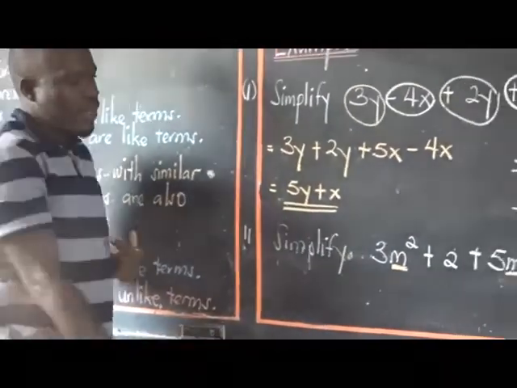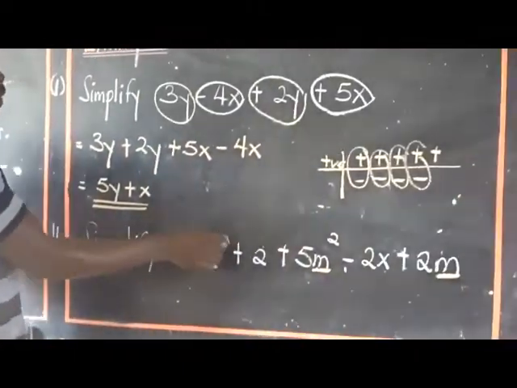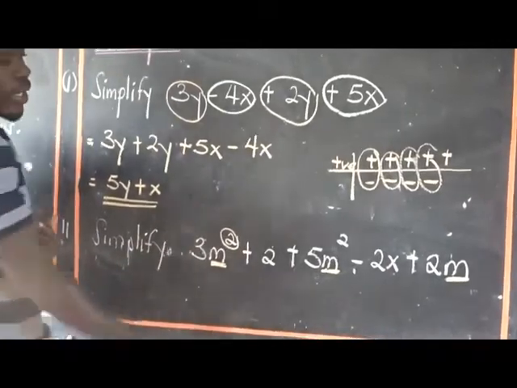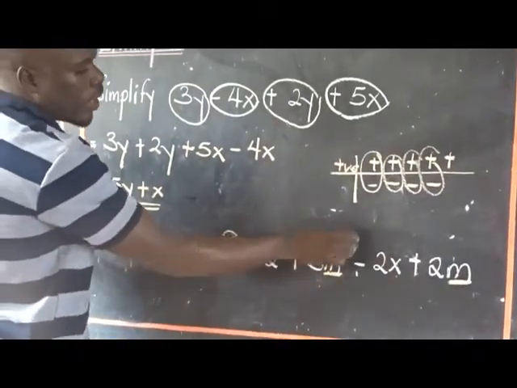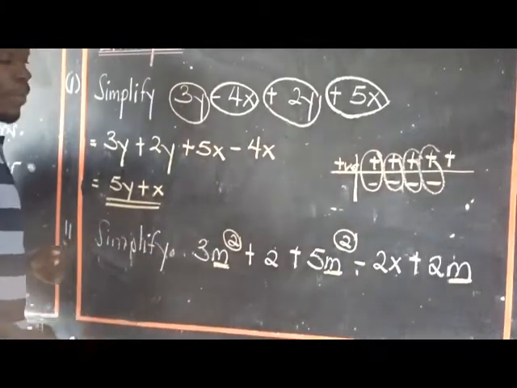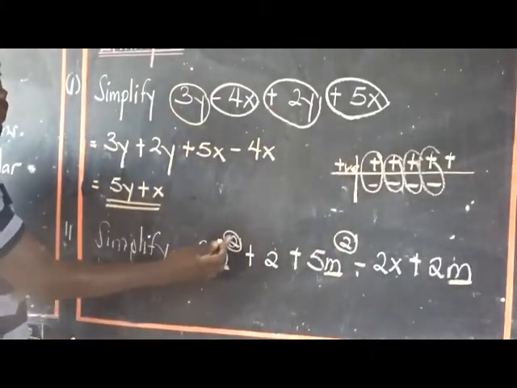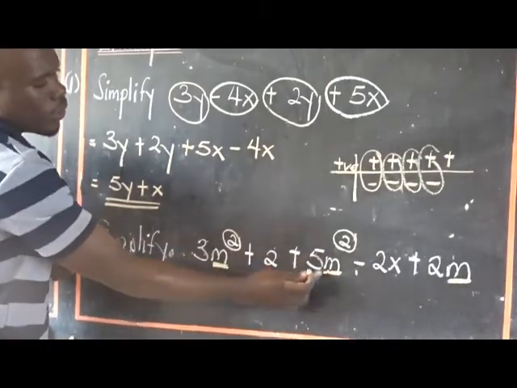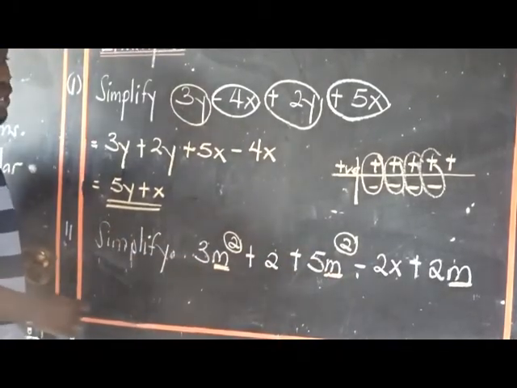So in this case, this is m squared, which means the power is 2. This is m squared, which means the power is 2. We are not looking at their coefficients, we are only interested in their powers. So because this power is 2 and this power is 2, then these two terms are like.